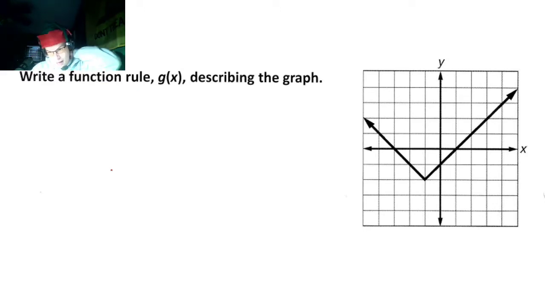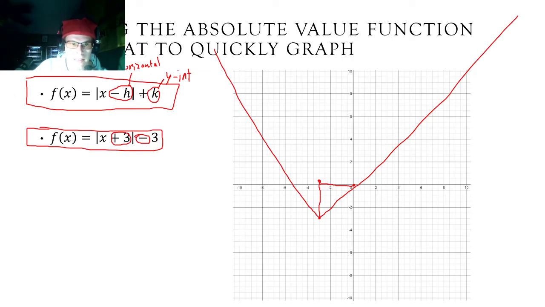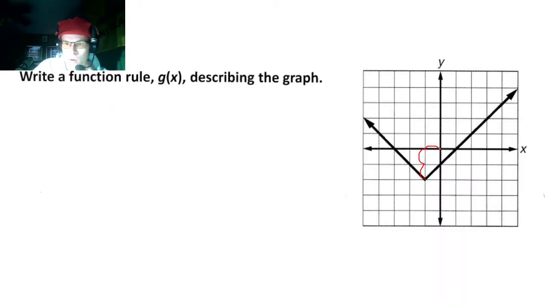All right, so real quick, I want you to write this function rule. If I look at this, remember my format x minus h plus k. So if I'm going 1 to the left, that means I'm going to use f of x instead of g of x, but my number within the absolute value is going to be the opposite of where this is going.